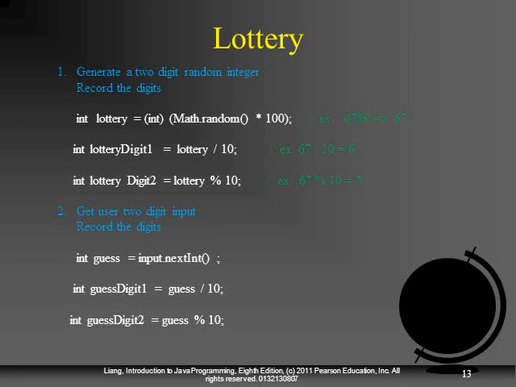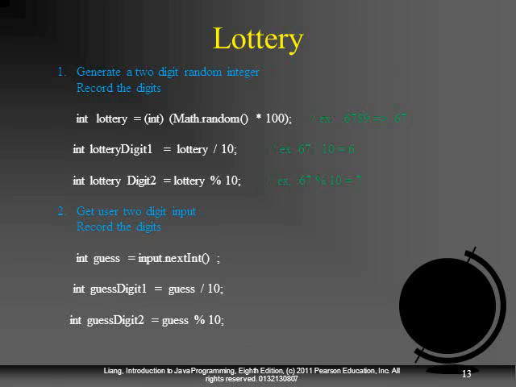The comments there point out what the results of those operations are. And then as far as the user's number is concerned, it's a very straightforward set of code again. Just repeat the process of how we handled the random number.